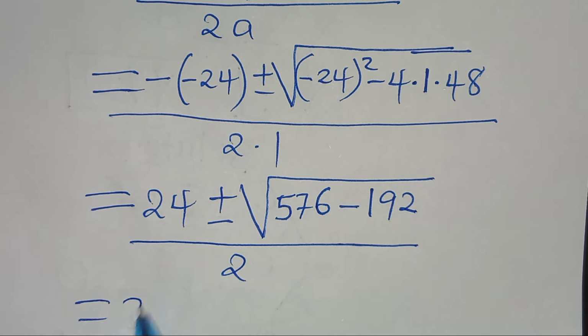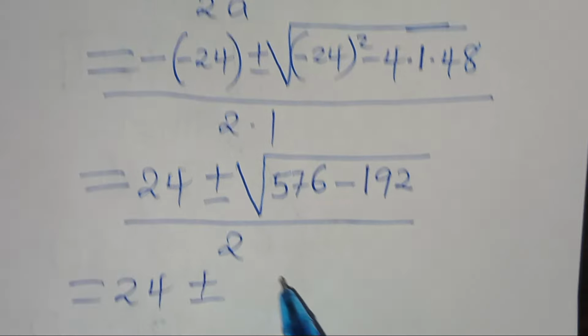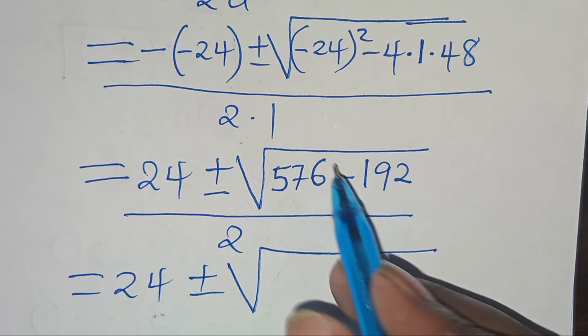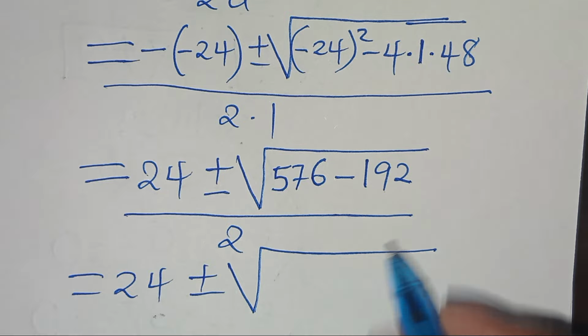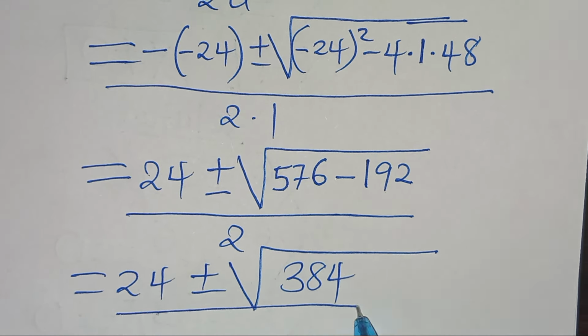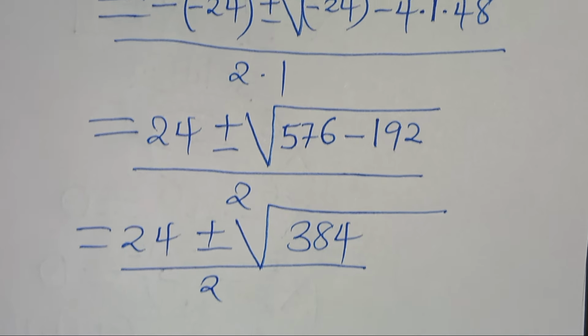So we have 24 plus or minus the square root of 576 subtract 192, and this is equal to 384, everything divided by 2.